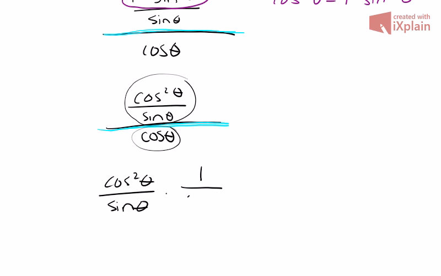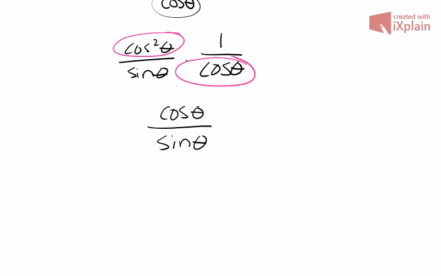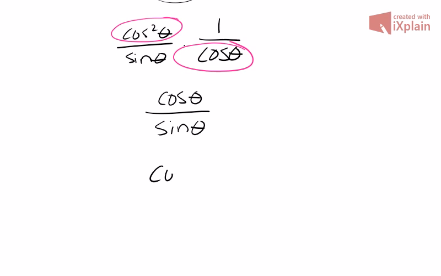I'm just going to leave it as 1 over cosine theta for now. And we can see I've got these two cosines, 2 at the top, 1 at the bottom. I can cancel out a pair, and I've got cosine theta over sine theta, which, using my quotient identity, is cotangent theta.